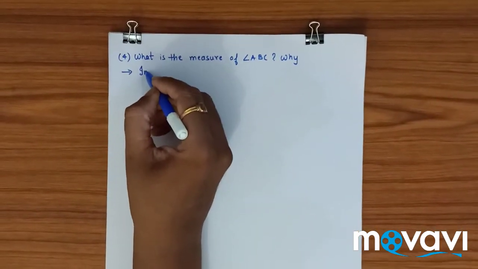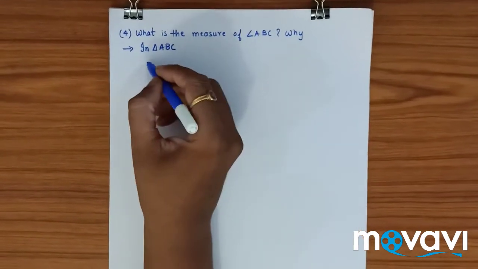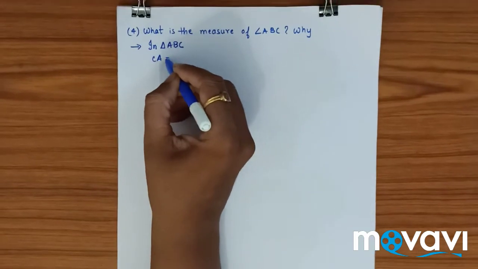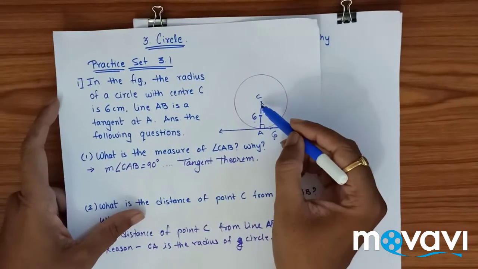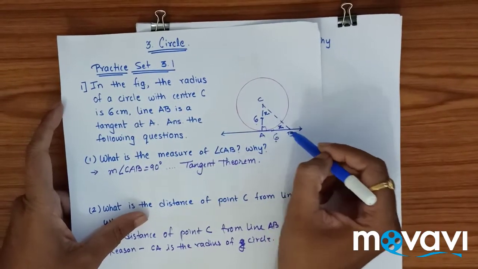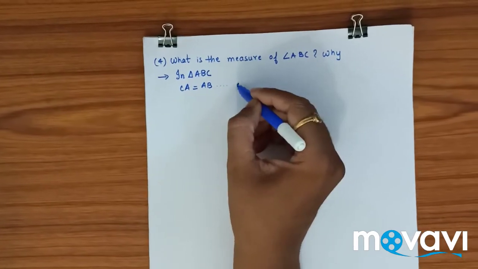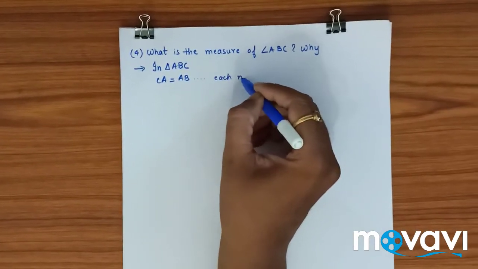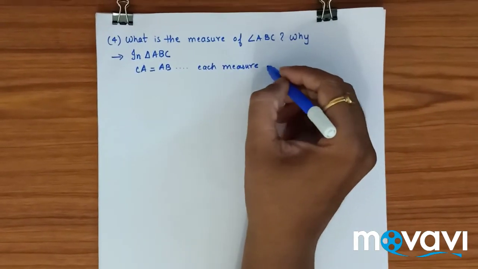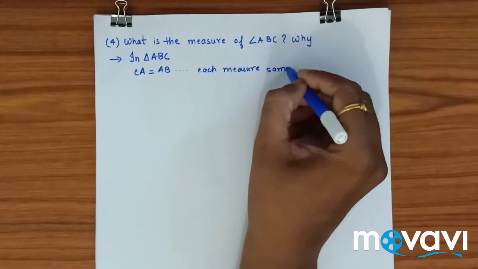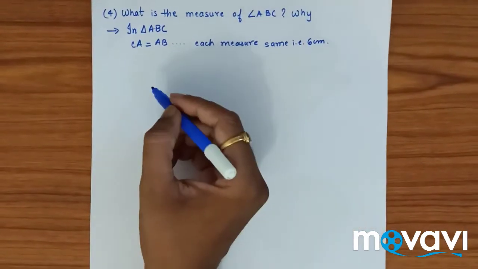Now in triangle ABC, in this triangle CA is equal to AB. CA is equal to AB. This is given that each measures the same, that is 6 centimeter. Okay.